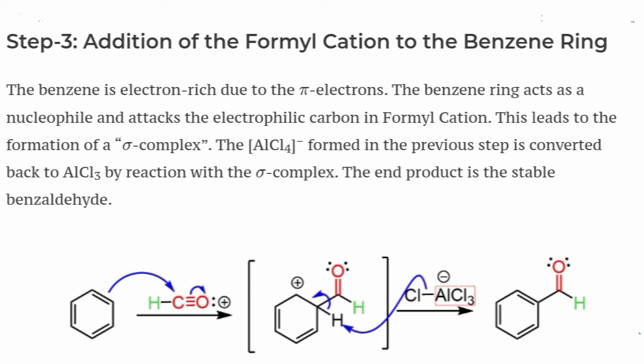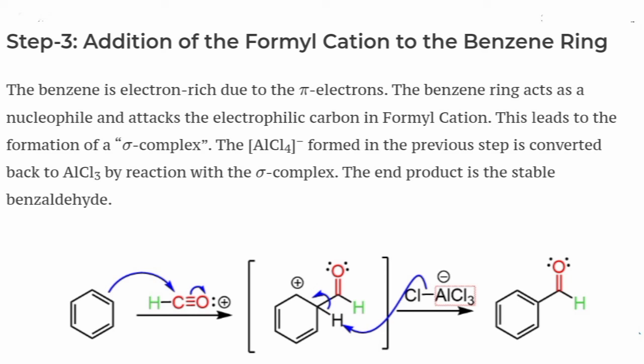Therefore, the benzene ring acts here as a nucleophile and attacks the electrophilic carbon of the formyl cation, which gives rise to the sigma complex.